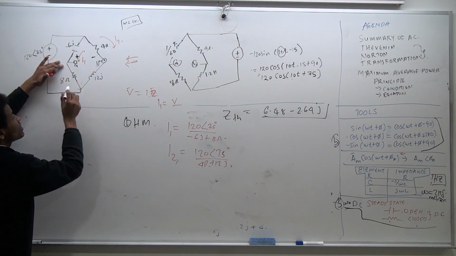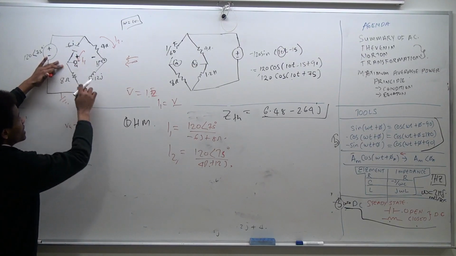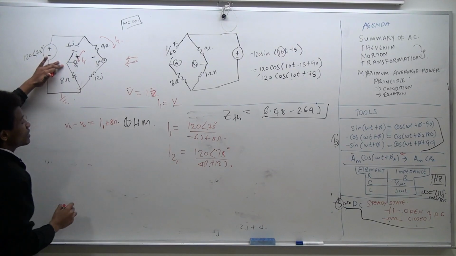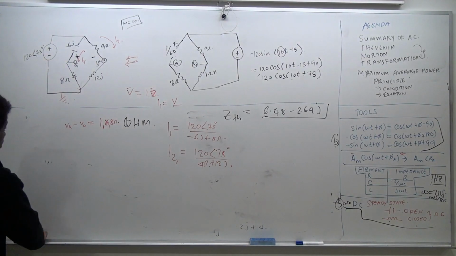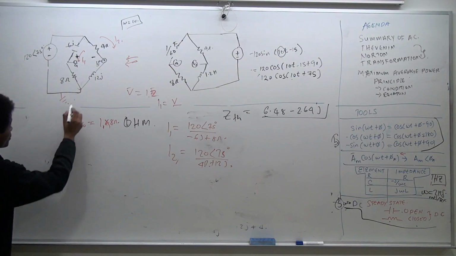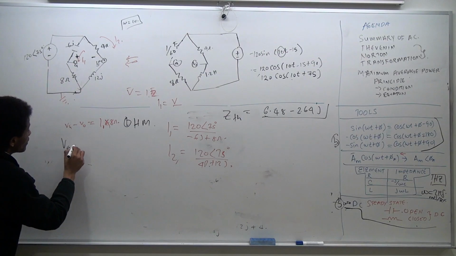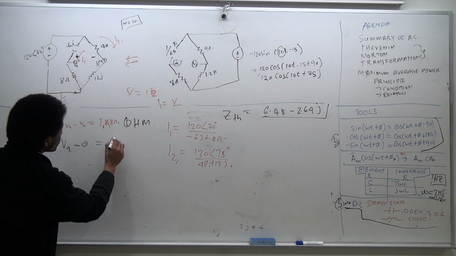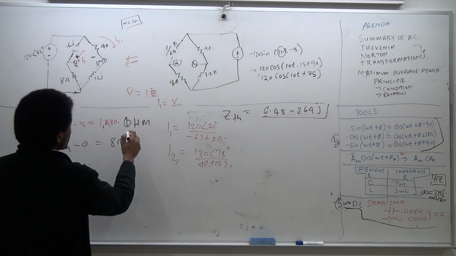So for example, another way to say this is VA minus V0 is equal to I1 times the 8 ohm resistance. Let me write this down again. It's true to say that the voltage here is 0, right? VA minus 0 is equal to 8 ohm times I1.